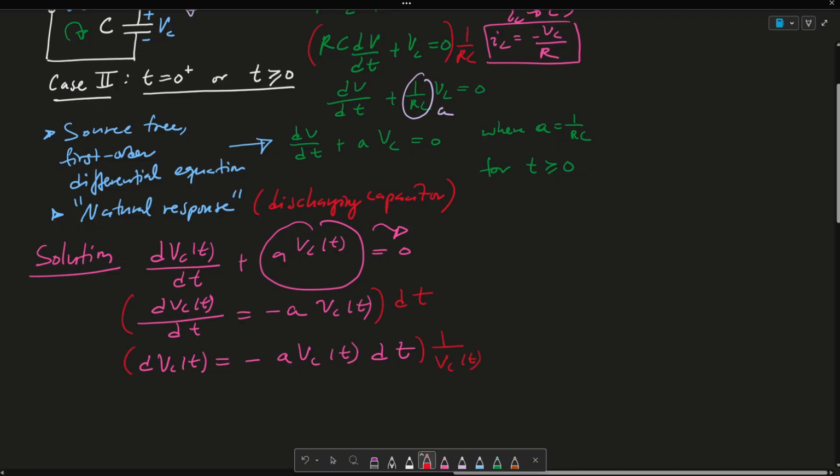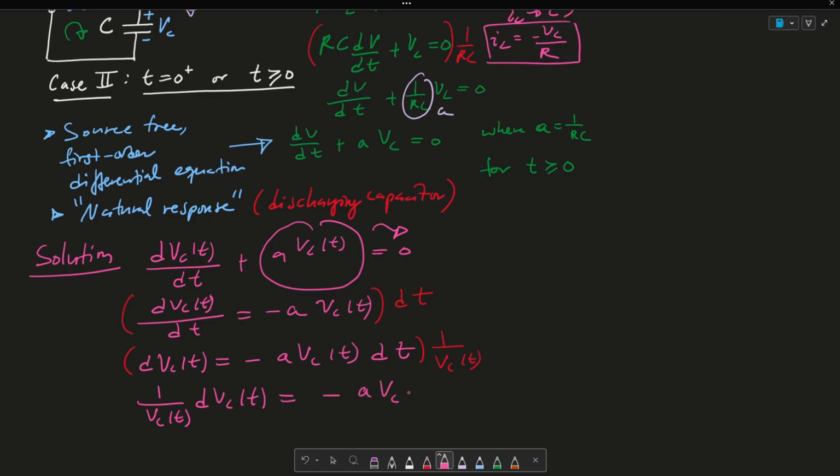Now I'm going to multiply both sides by 1 over VC(t). What we get here is 1 over VC(t) dVC(t) equated to minus A dt. Let me take the integral on both sides.